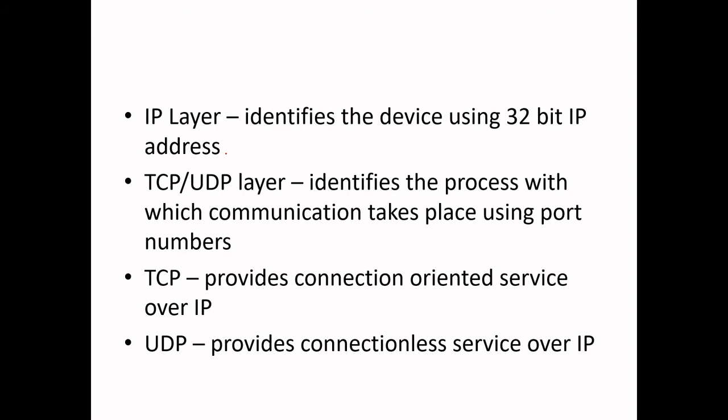Now within the machine you can have multiple processes running. We might have a web server or a file server or a client, or many processes inside a single machine. Now how do you identify?